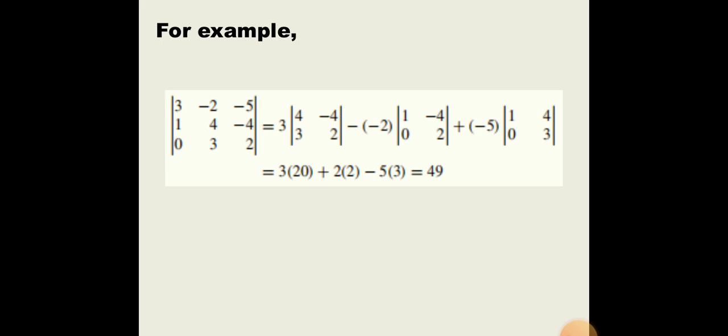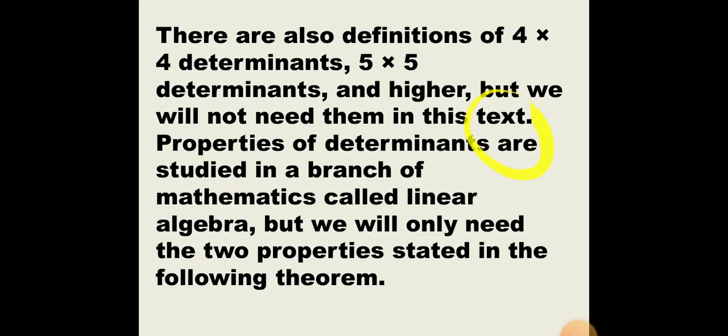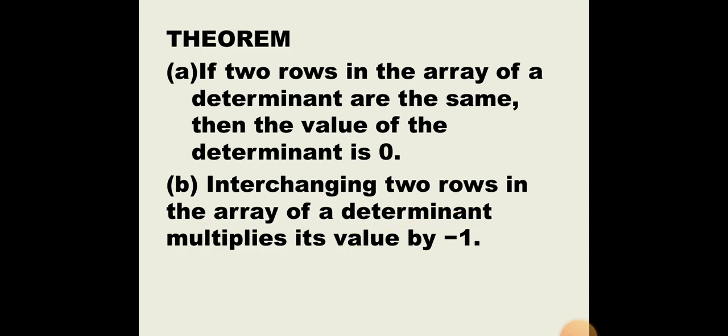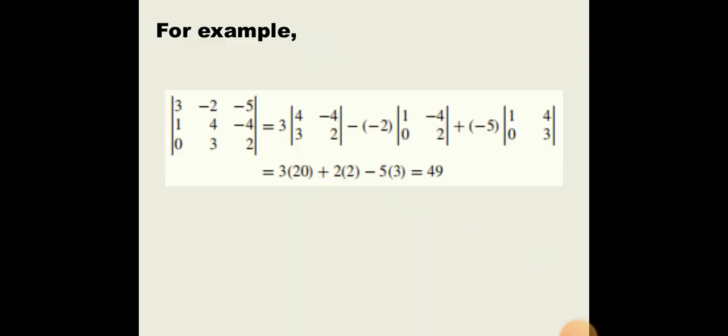So we got 1, negative 4, 0, and 2. Now for a sub 3, we have to cross this line. We have to delete the numbers aligned with negative 5. So we got 1, 4, 0, and 3.